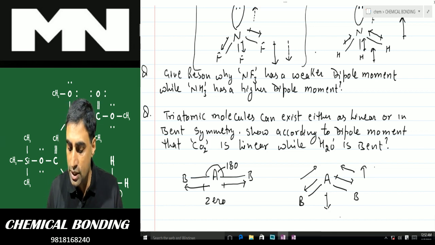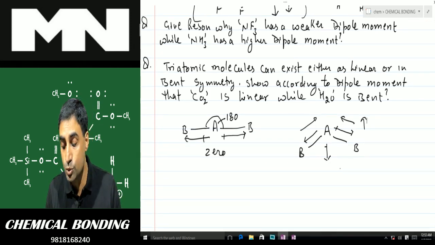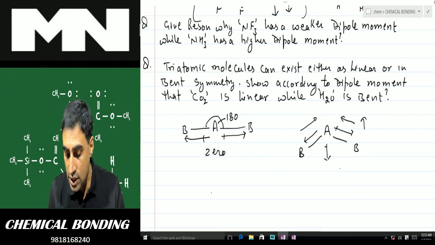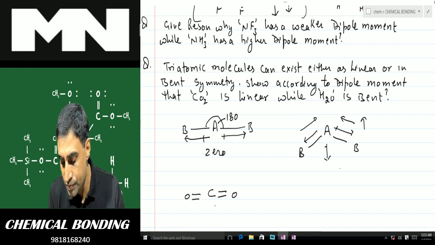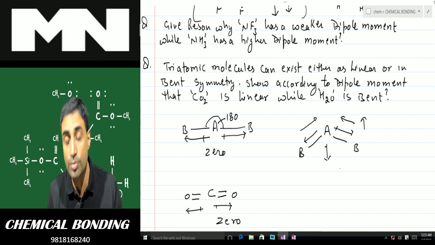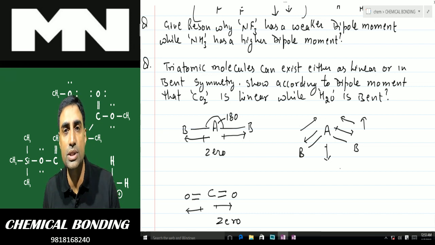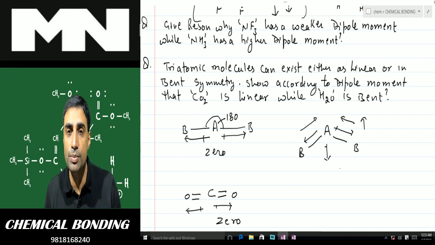Water molecule has got a positive dipole moment. That means water is not linear. Now let us have a look at CO2. In CO2, since it is linear, the dipole moment of half of the molecule gets cancelled out by another half. That's why it has got zero dipole moment. So since CO2 has got zero dipole moment, that automatically proves that CO2 is a linear compound.